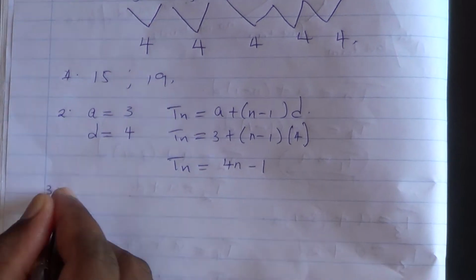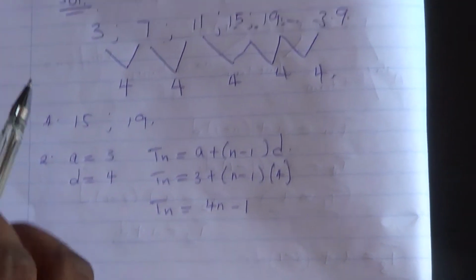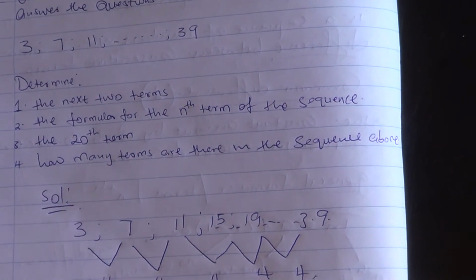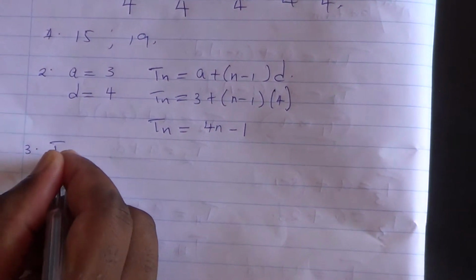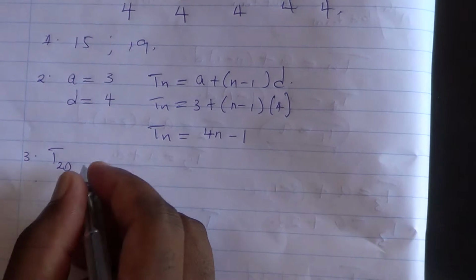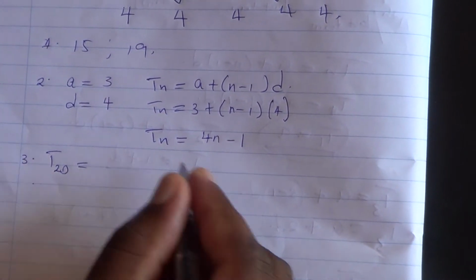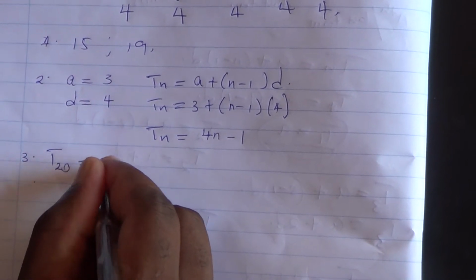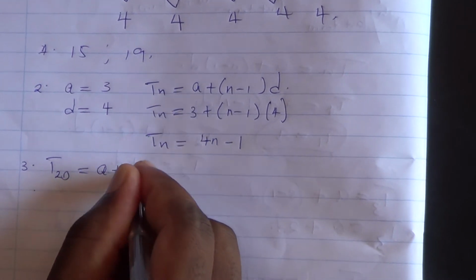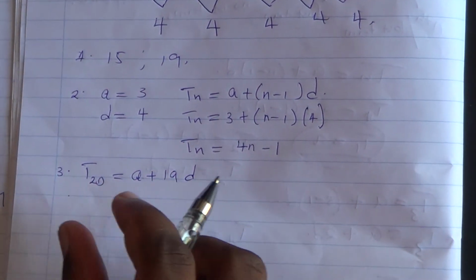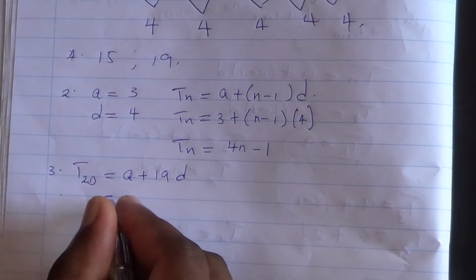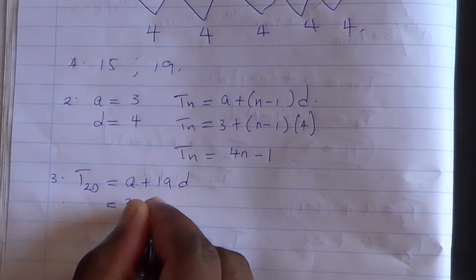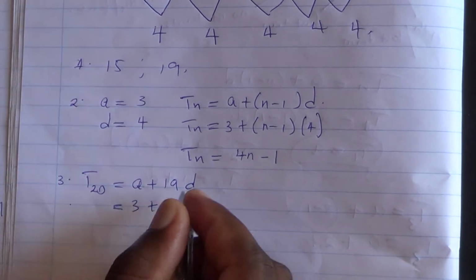Alright, let's go to the third question. Determine the 20th term, term number 20. T20 is equal to a plus 19d. I hope you remember this from the previous working. What is your first term? It's 3 plus 19. What is your difference?